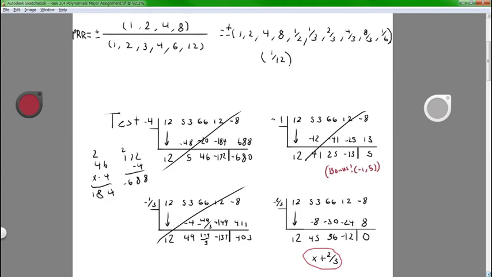Add 12 to negative 24, you get negative 12, and then you multiply negative 12 by negative 2/3, and you get a positive 8. Add positive 8 to negative 8, you get 0, which means that your first term is x plus 2/3. That's your first factor.